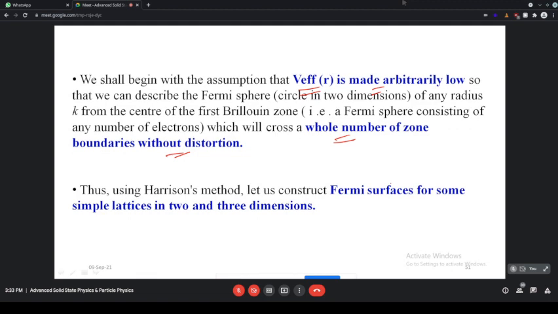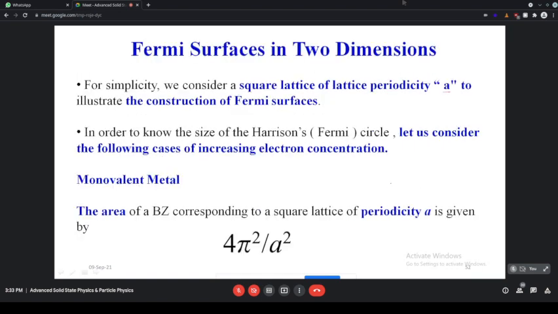Generally, we will discuss the Harrison method for the construction of Fermi surfaces in two-dimensional and three-dimensional materials. Let us start with a very simple example. Suppose we have to construct the Fermi surface in a two-dimensional material. Let us consider a square lattice having periodicity a.